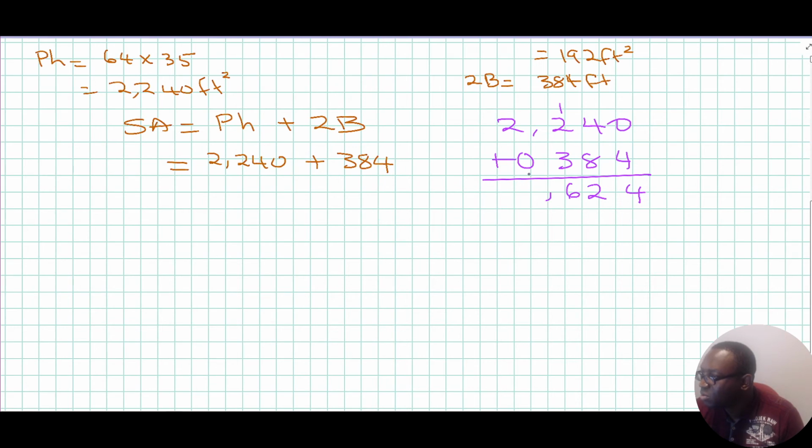And then 2 plus 0 is 2. So therefore, the surface area of this prism is 2624 square feet.